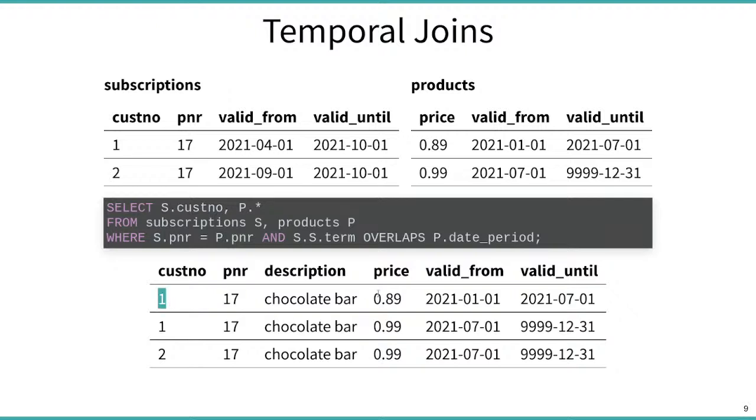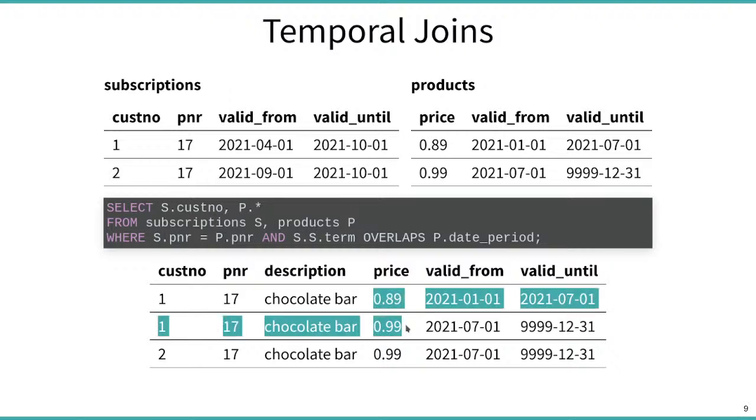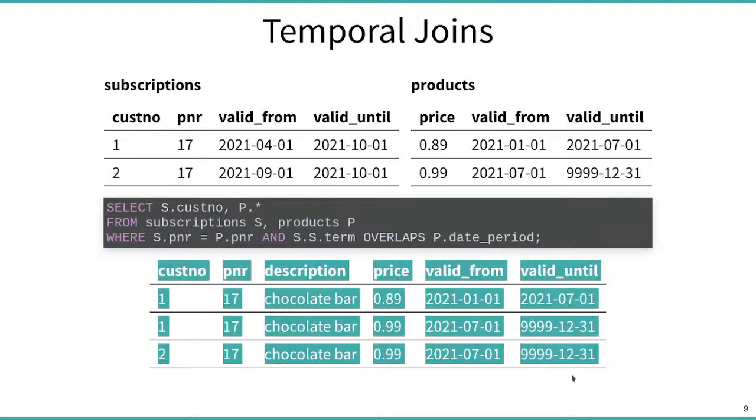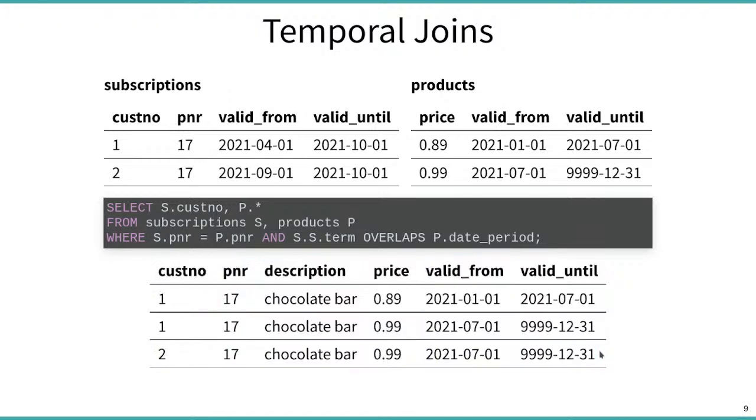Customer number 1 had the subscription during the point where the price was increased. So we see, the result is again an application managed table, application time table.